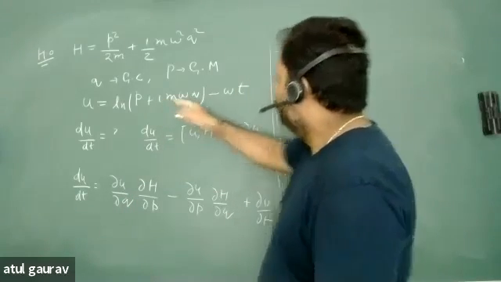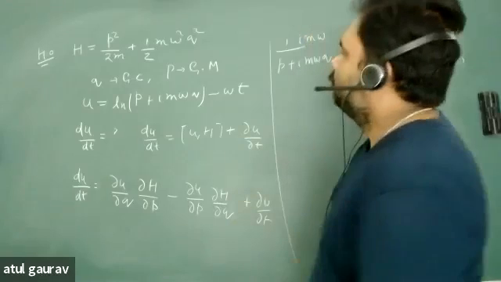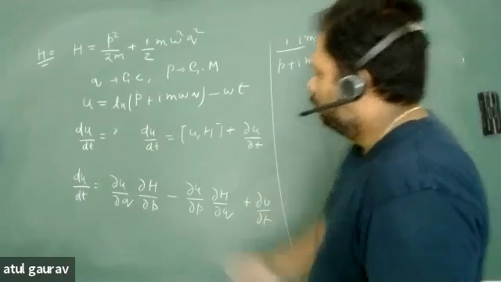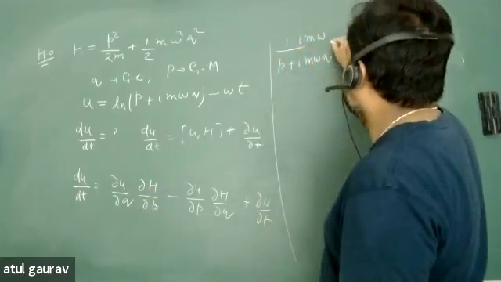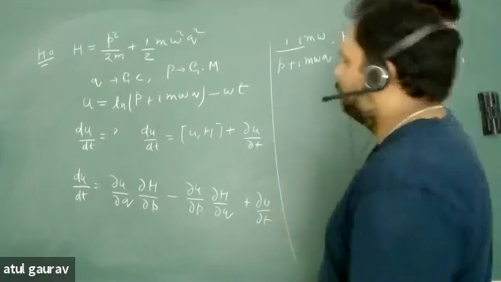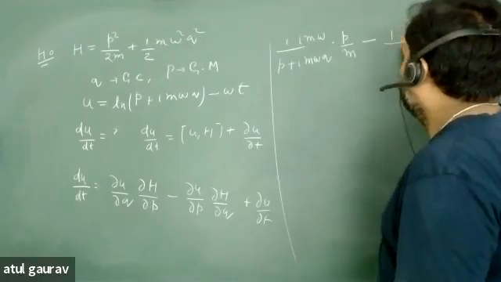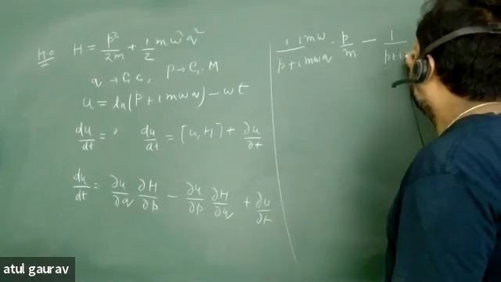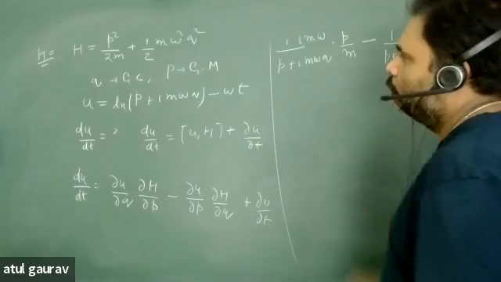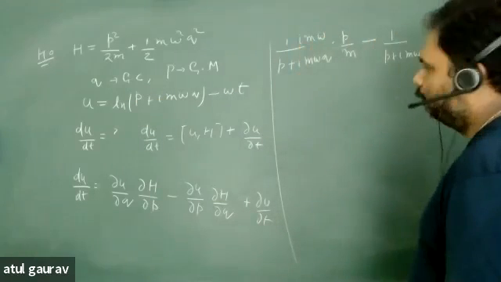So i m ω just goes outside, then ∂H/∂p, this will be p/m, minus ∂u/∂p. Again we have 1/(p + i m ω q). We differentiate p, that is 1, so there is no problem.